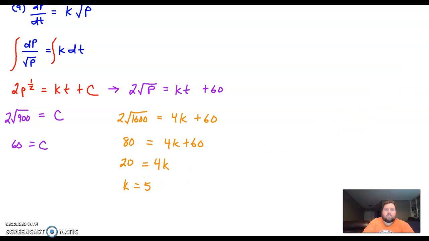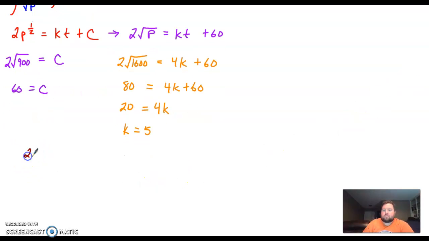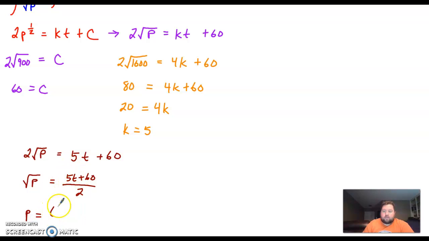All right, so now to finish up and get our equation for p. 2 square root of p is equal to 5t plus 60. Divide by 2, square root of p is equal to (5t plus 60) all over 2, and then square everything. So p equals, I'm going to square the top part in parentheses, (5t plus 60) squared, and then square the bottom. 2 squared is 4. You could just put the whole fraction in parentheses and put a squared. That would work fine as well. I think this will be a little easier to work with.